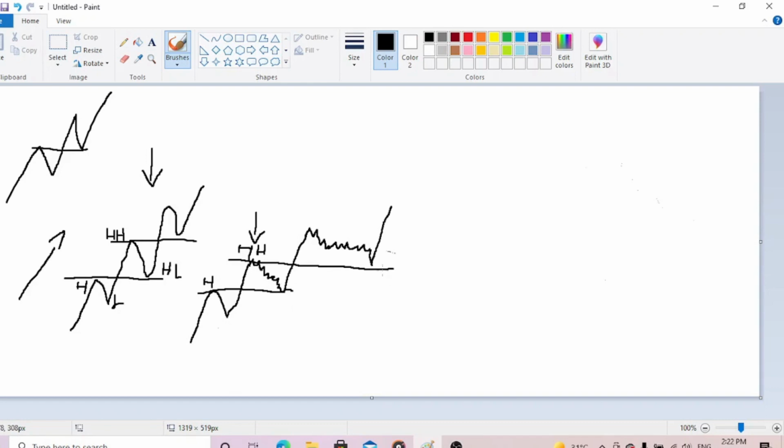So the key is to be able to identify the highs or the lows that were broken, so you don't have to look at all this noise. You just wait for the market to come to the high that was broken.